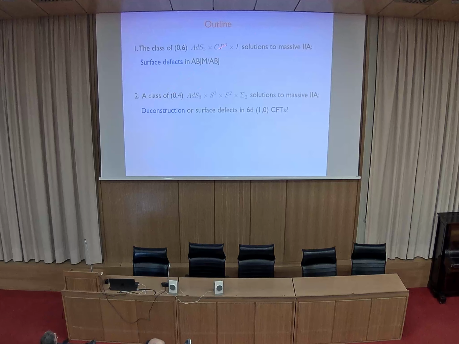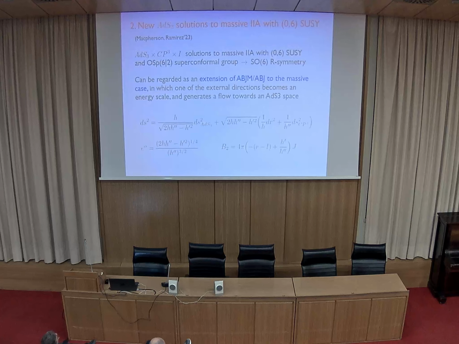This will be most of the talk. But more briefly, I will discuss this other class of AdS3 solutions with 0,4 supersymmetries, also in massive IIA. And we will see that we can interpret this as the construction of 6D CFTs.